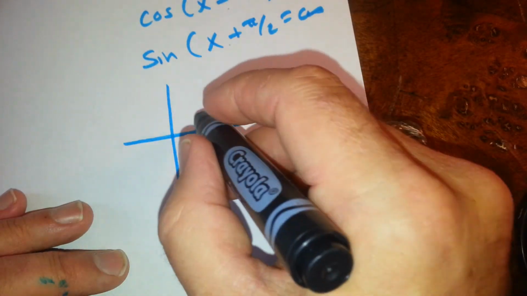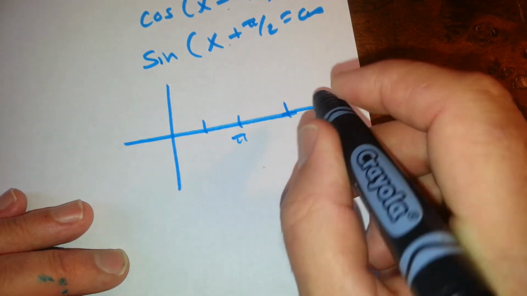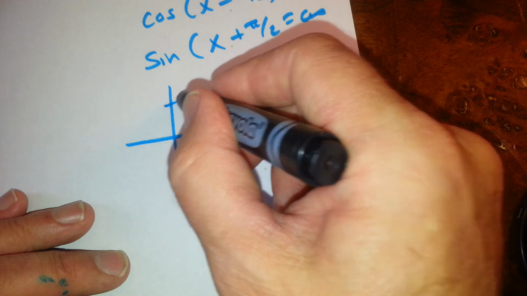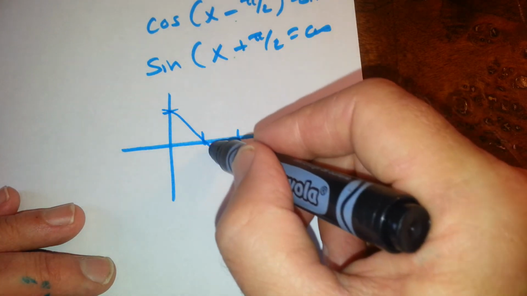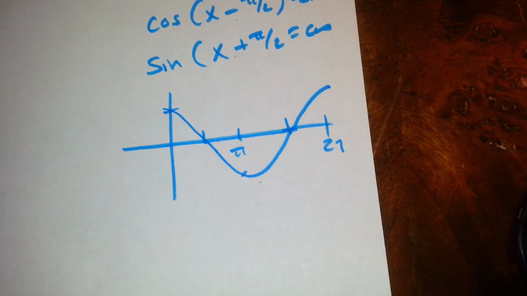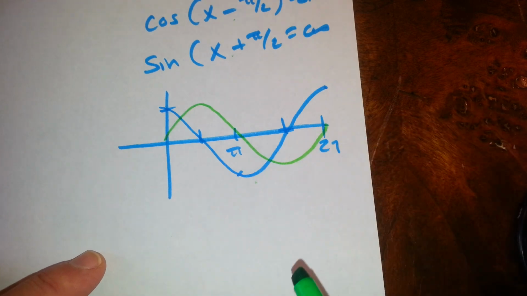Okay, so if you look at this, let me make it a little better. Pi, 2 pi. Here's cosine. Okay, and here's sine in green.